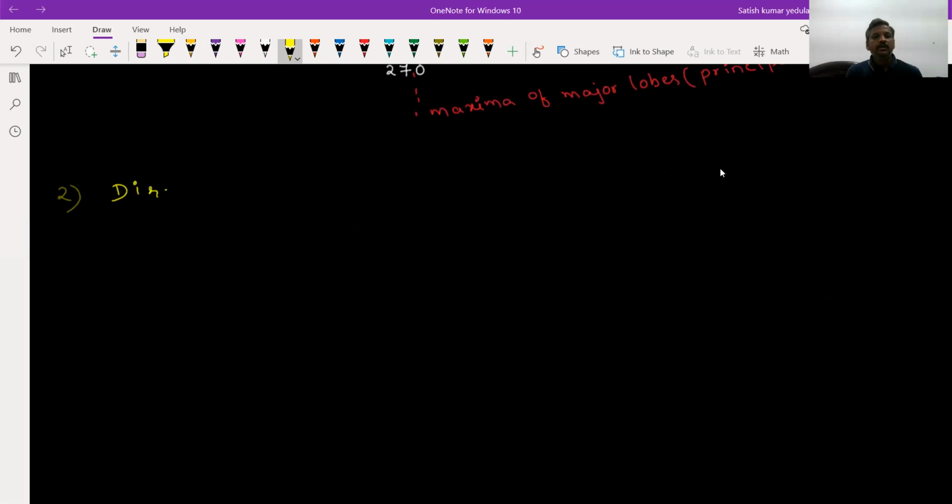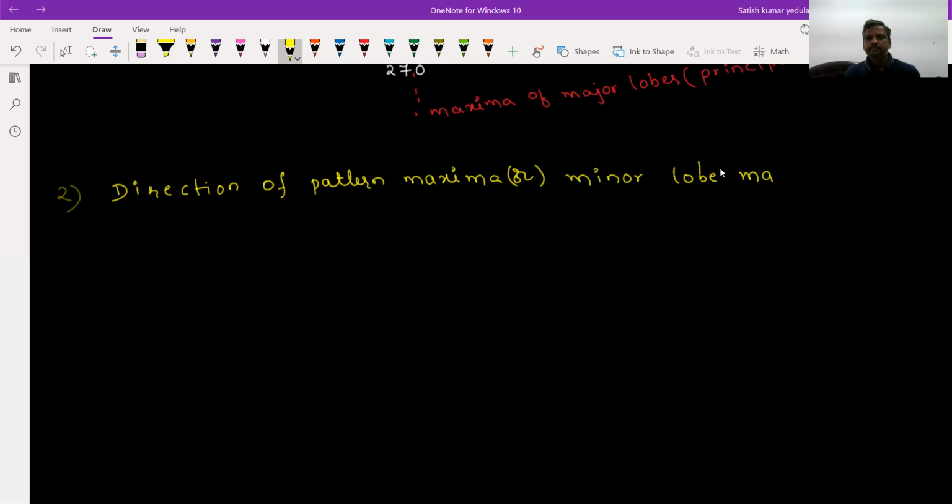You can also call it minor lobe maxima, or maxima of minor lobes.